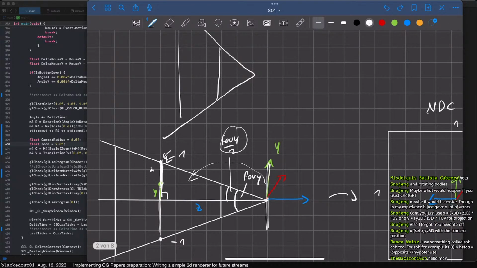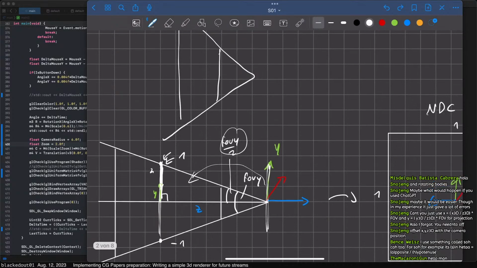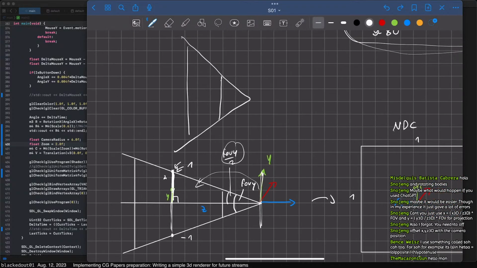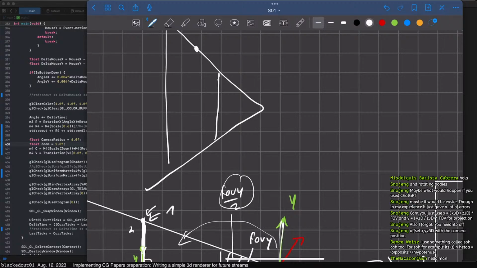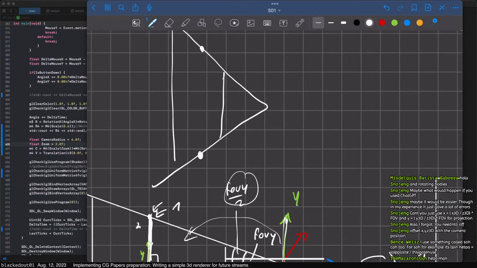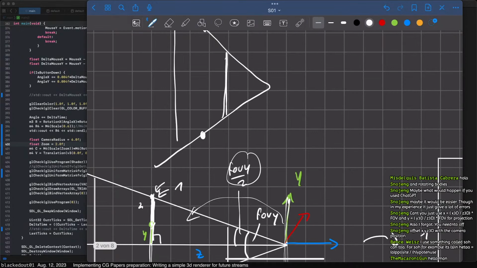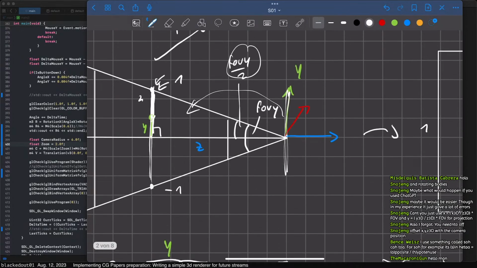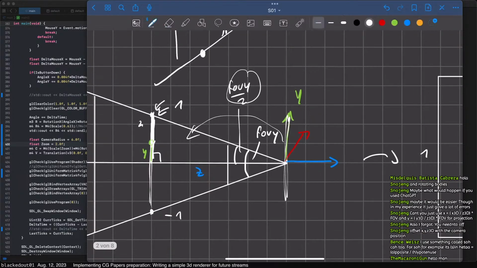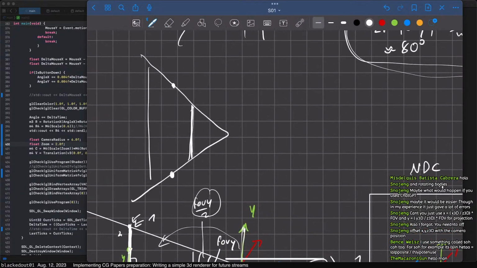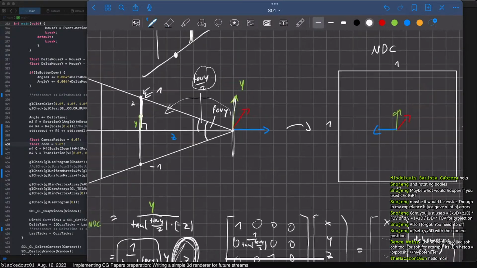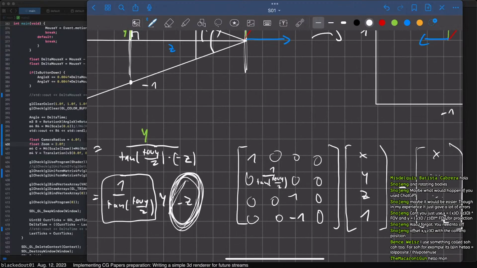The only difference is that you have a different scale in the x direction than you have in the y direction, so you have to multiply or divide this factor here by your aspect ratio.